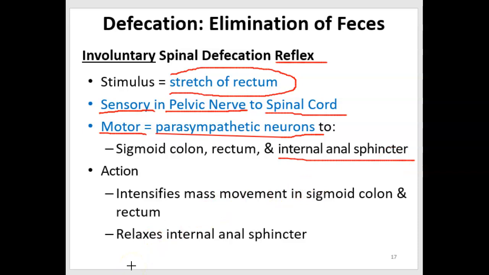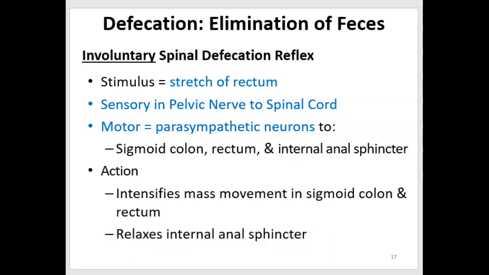So what are the actions? The parasympathetic nervous system tells the sigmoid colon to intensify its mass movements, and the rectum to contract, and then it relaxes the internal anal sphincter.